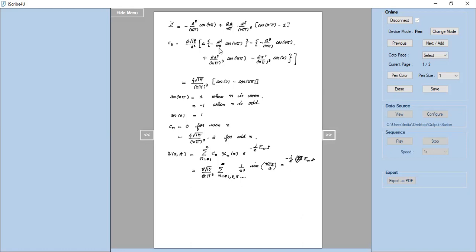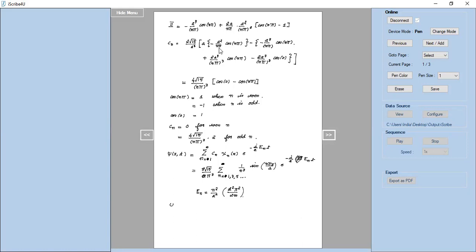So your En is equal to n square pi square by a square, and essentially you have your h cross square pi square by 2m. Am I right? Is this correct, guys? I hope it's correct. So that's your En. You put that in and you will get your answer. So this is essentially your answer.